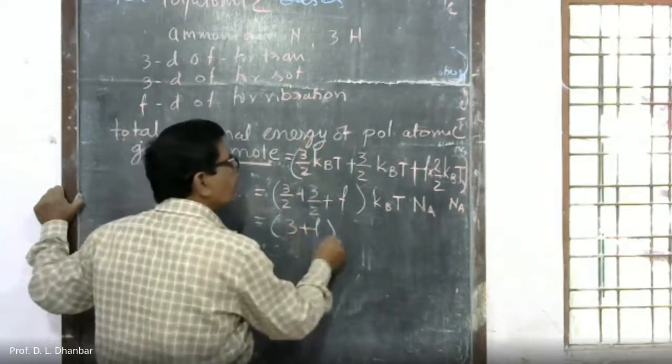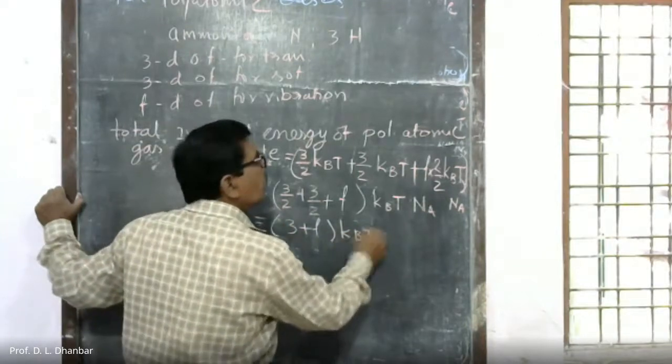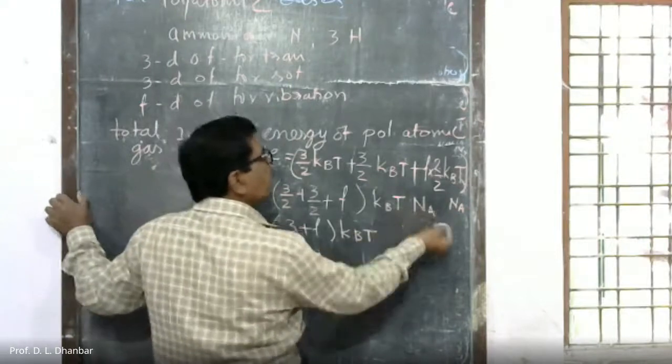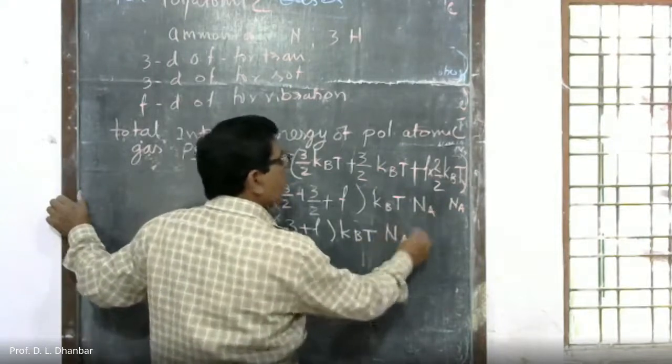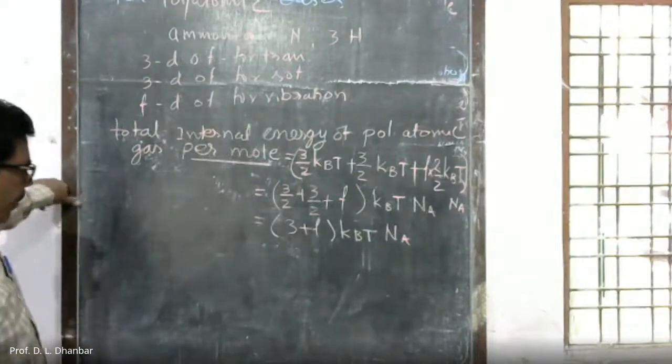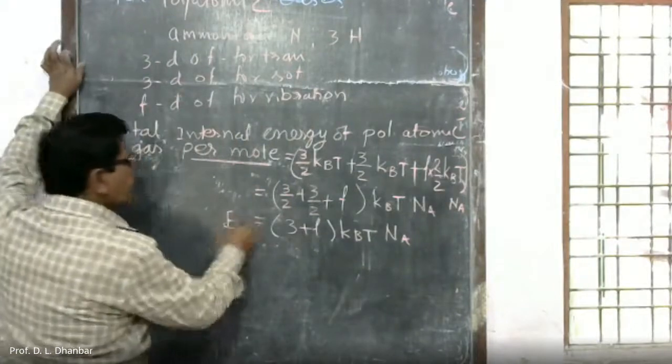So E is equal to 3 plus f into kB T into Na.